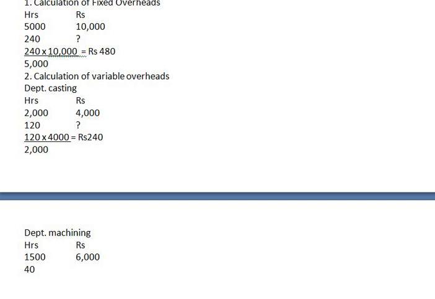Now department machining is worked, like laborers have worked for 40 hours. So for 40 hours, how much is expenses incurred?